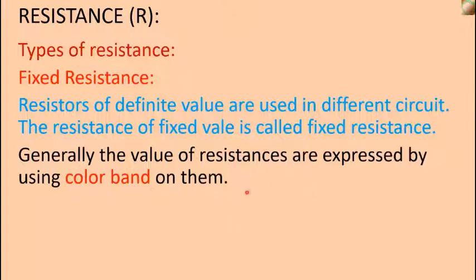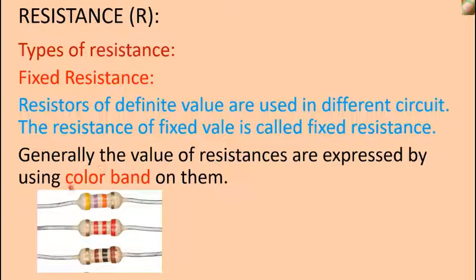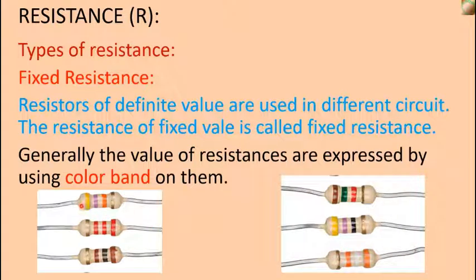There are 4 colors on the resistors. By observing these colors, we can know the value of the resistance of that resistor. Its value cannot be changed. This type of resistance is known as fixed resistance. Here these are the fixed resistances, with colors 1, 2, 3, 4.